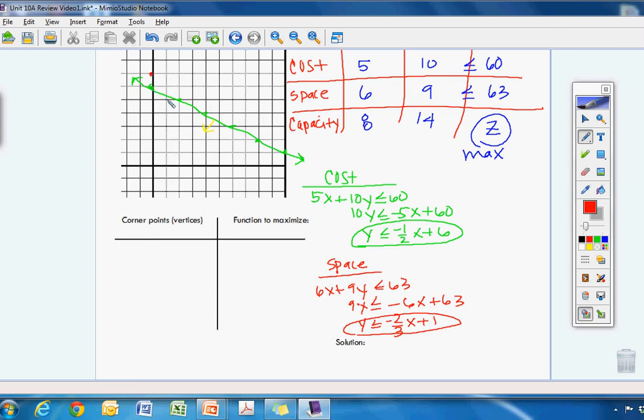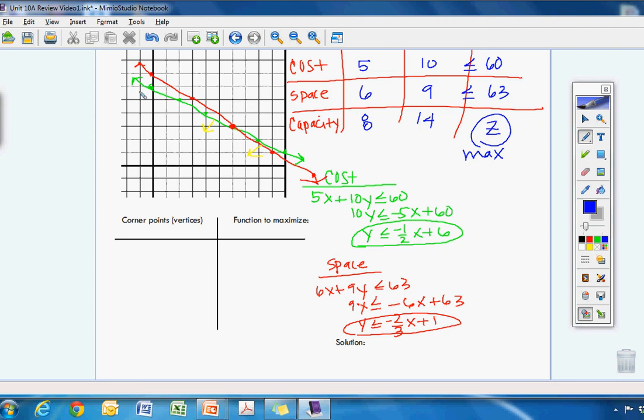So down 2/3. 1, 2, 3, ish. Okay, this is also less than, so we know we're going to go under the green, but now under the red over here.